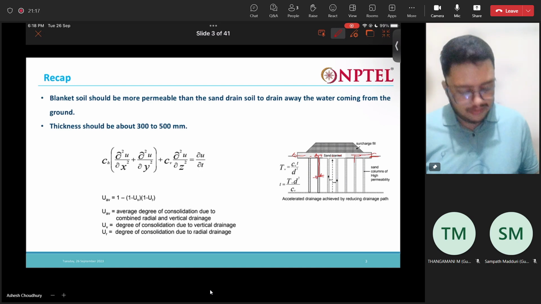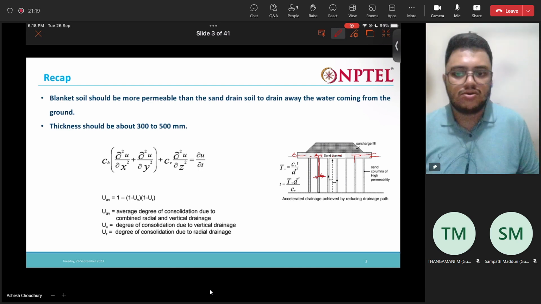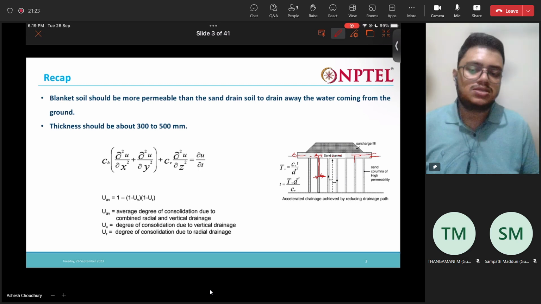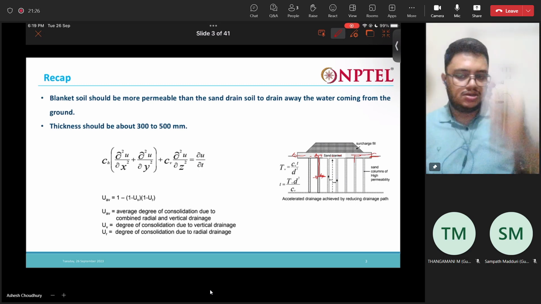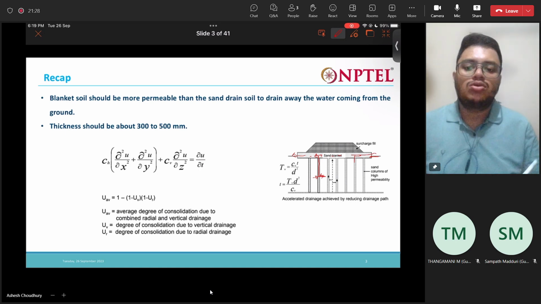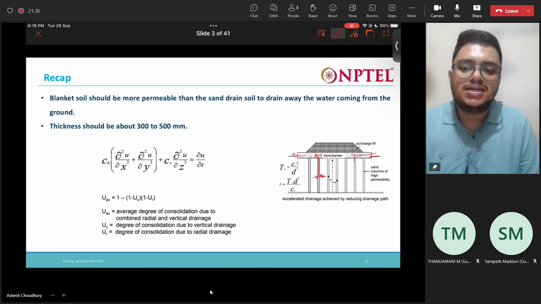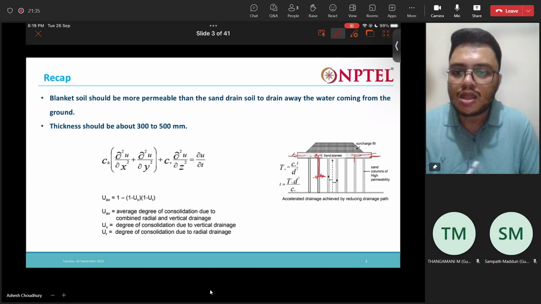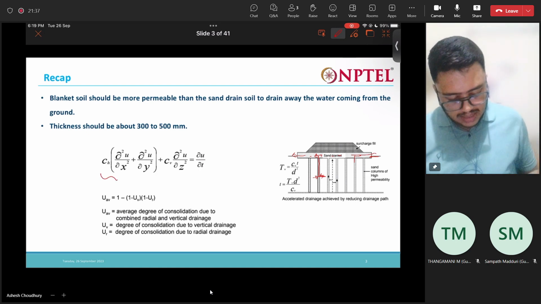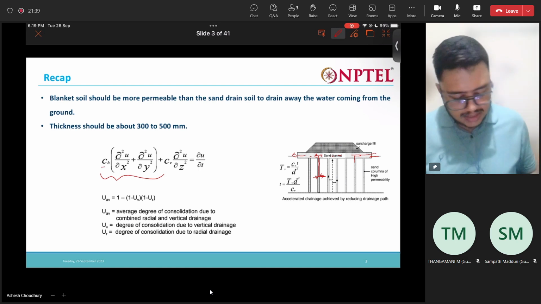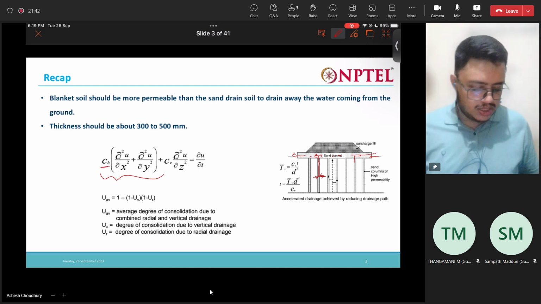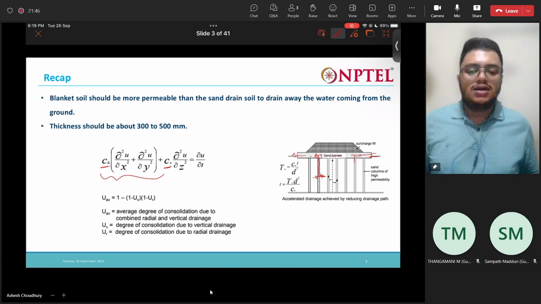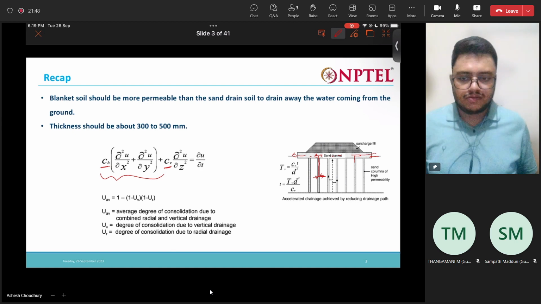And Cv times ∂²u/∂z² defines the vertical consolidation, and that equates to ∂u/∂t, the change in pore water pressure with time. As this defines the radial flow, you can see this horizontal or radial coefficient of consolidation here, and with this term you can see Cv is nothing but the vertical coefficient of consolidation.